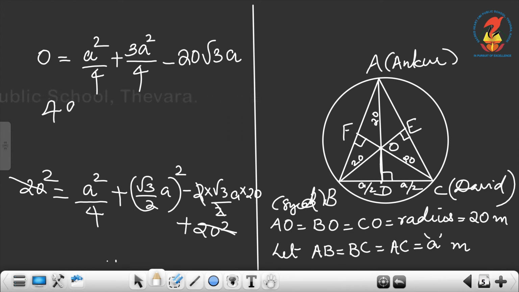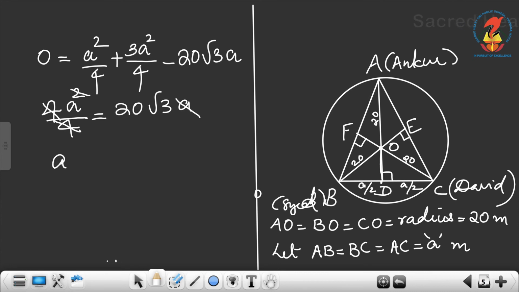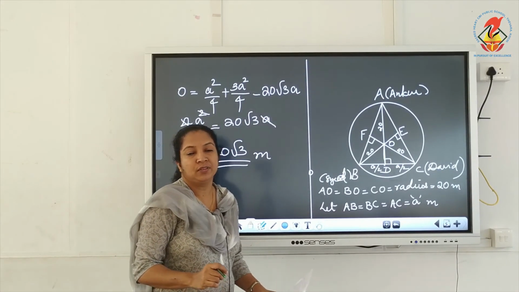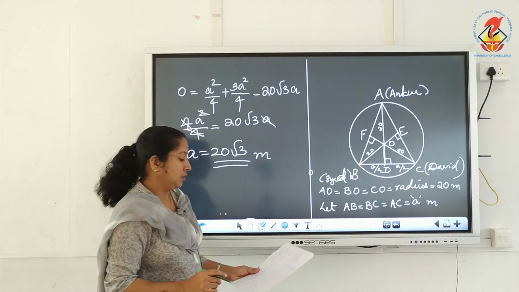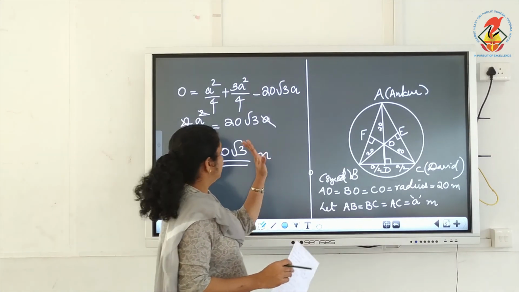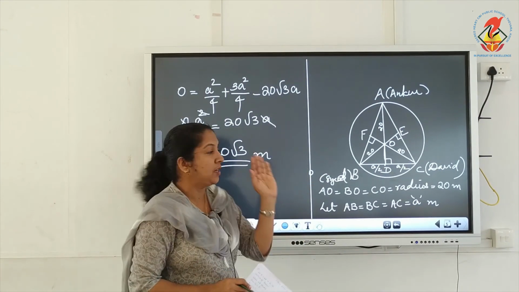So it is 4a square by 4 is equal to 20 root 3a. So we can cancel off both a's and both 4's. So we are getting a is equal to 20 root 3 meter. This is the length of the string. So the length of the string is 20 root 3 meter.